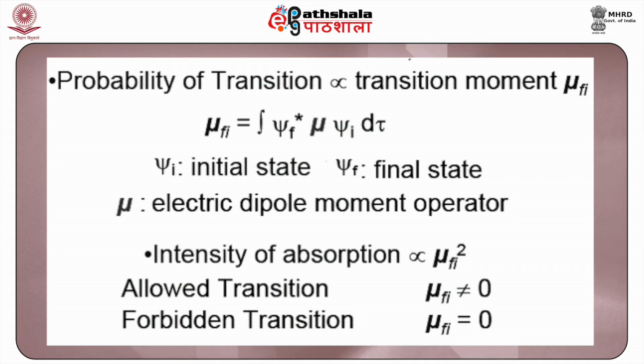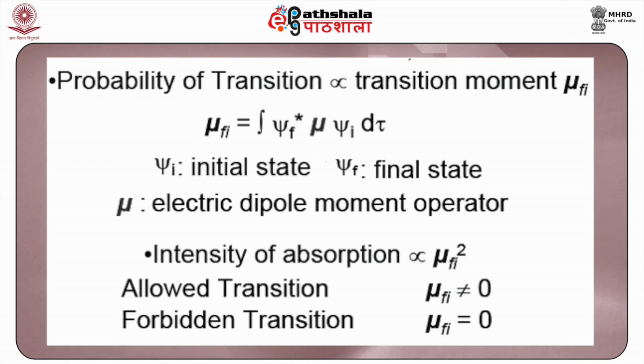The probability of transition is directly proportional to the transition moment. Psi-i is the initial state, Psi-f is the final state, and mu is the electric dipole moment operator. Then the transition moment can be defined in terms of the initial state, the final state, and the electric dipole moment operator.